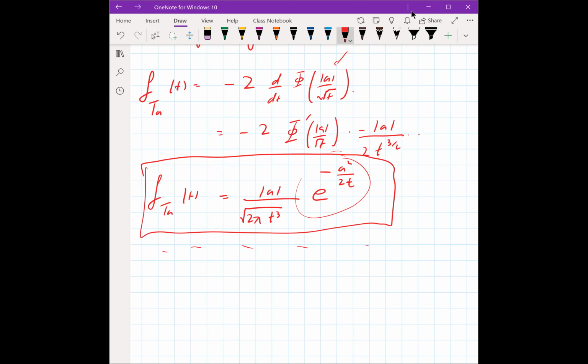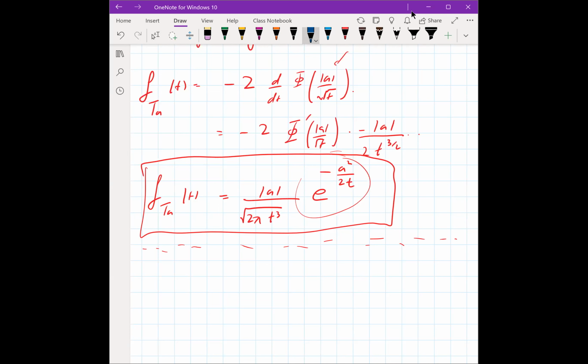Now, there's another thing which you can calculate, and that is the maximum of a Brownian motion in an interval. So here it was that you wanted to reach a target.